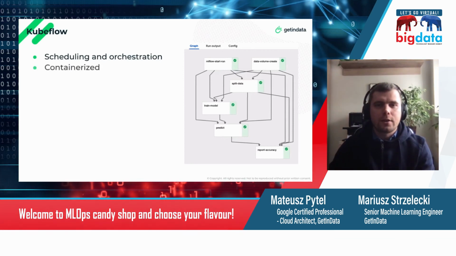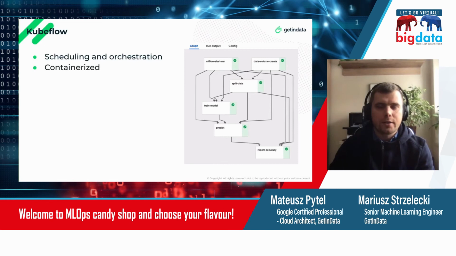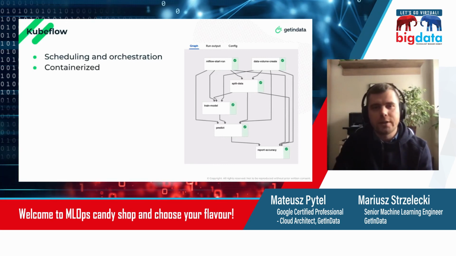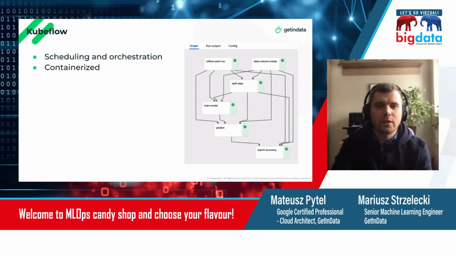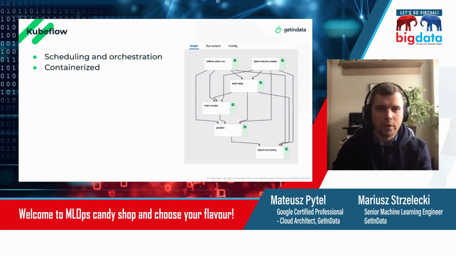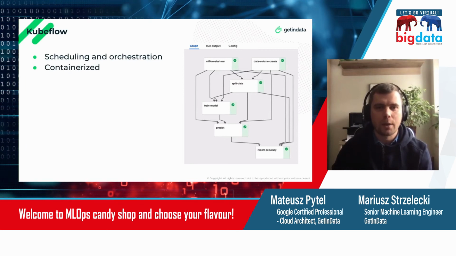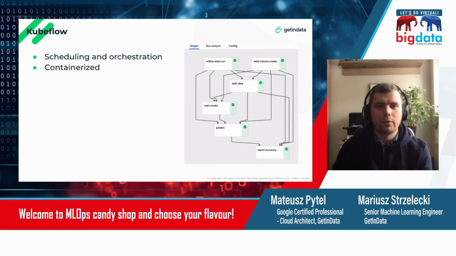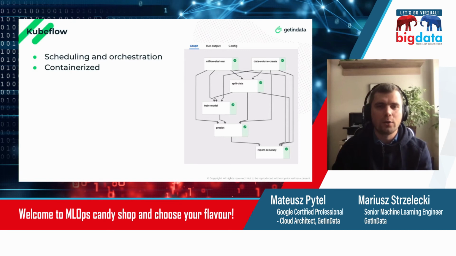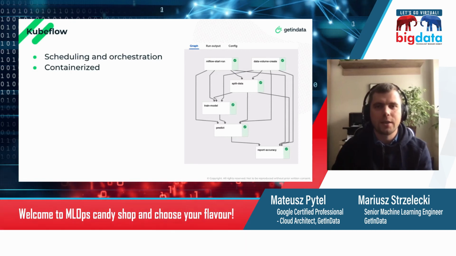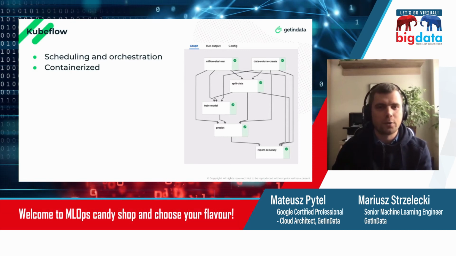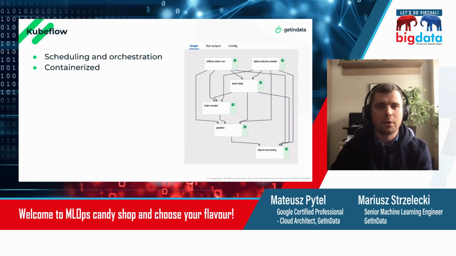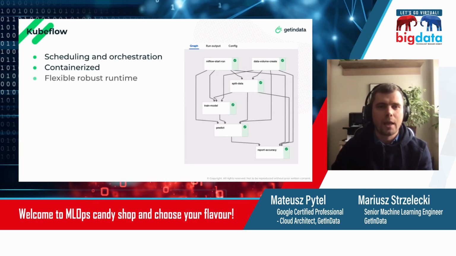It does it with the containerized environment. So each step is a separate pod on a Kubernetes cluster, which is pretty convenient if you want to use different types of libraries. Environment is encapsulated, and there are no conflicts. You can test a lot of scenarios, a lot of tools, and all can work in the same cluster without interfering with each other.